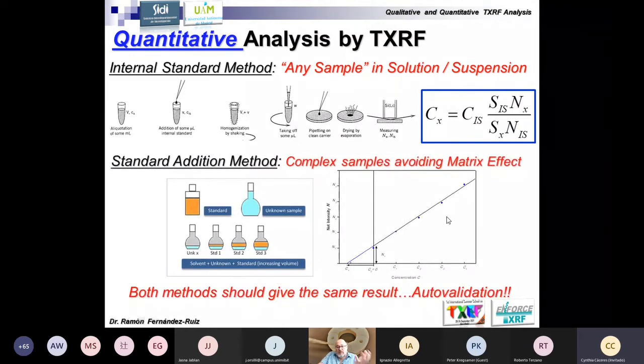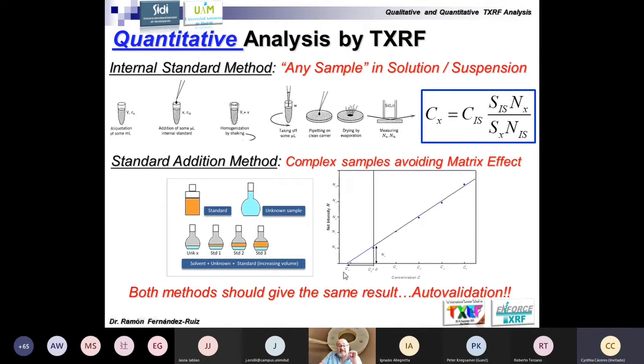If our sample is more complicated, if we have problems with the matrix, we can use this standard addition method, classic method 2 for any analytical technique, even for TXRF, that is the standard addition method, and it is based on measuring our sample directly, okay, and then adding a known concentration of the analyte that we want to evaluate. And then, by interpolation, we can measure the concentration of this analyte.